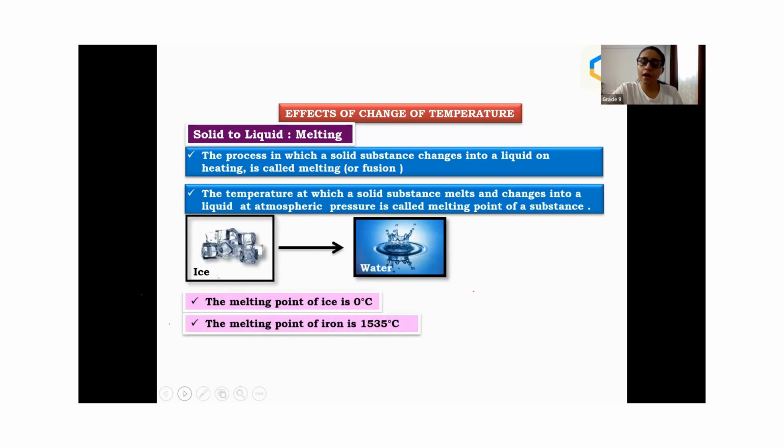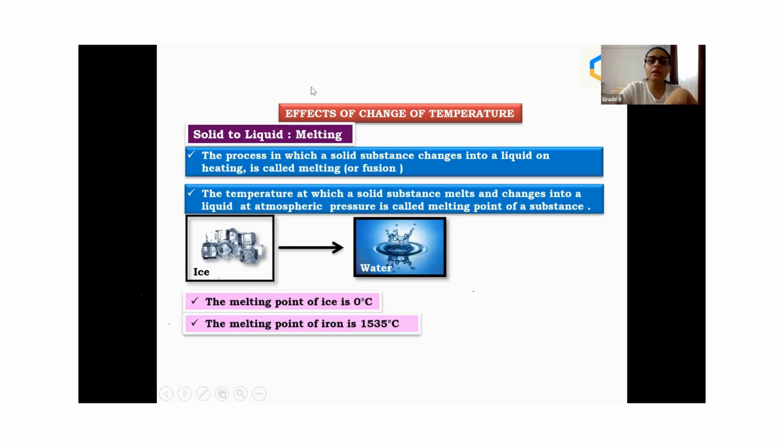Every substance or every element can have a different melting point, but usually we take the melting point of ice as the relative point. To study science, we usually take ice as an example of a solid. But the melting point of different solids can be different.